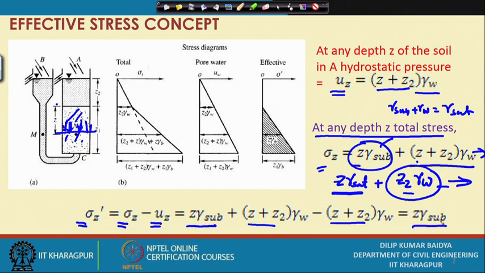So, when there is no flow, at any depth the effective stress is nothing but Z into gamma submerged.